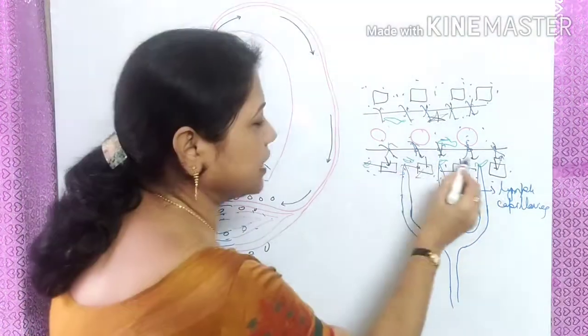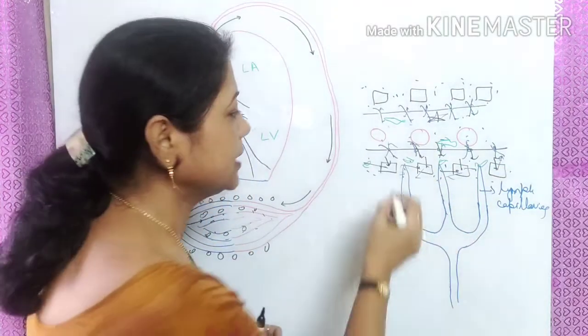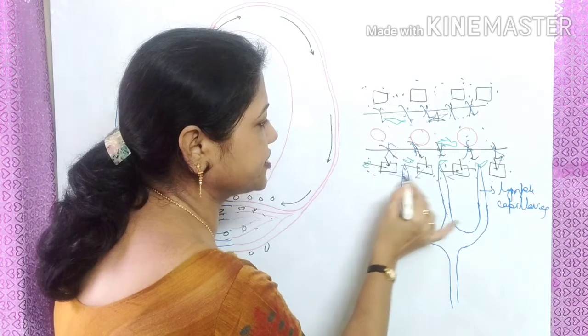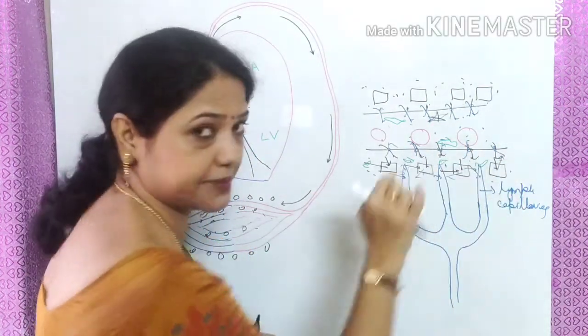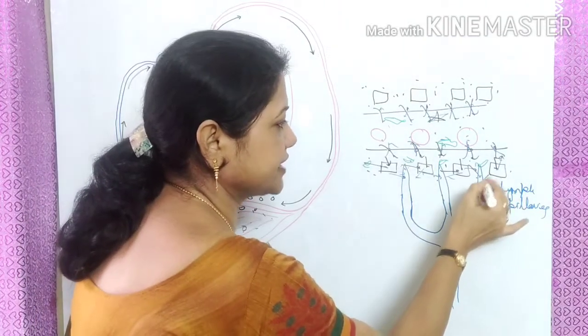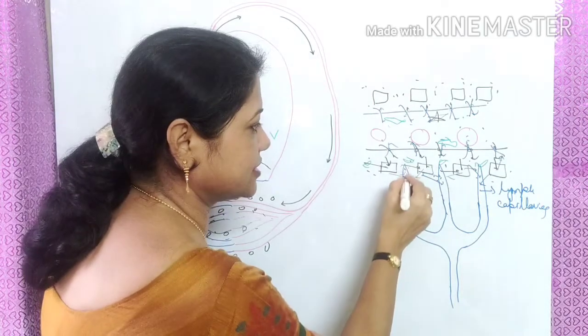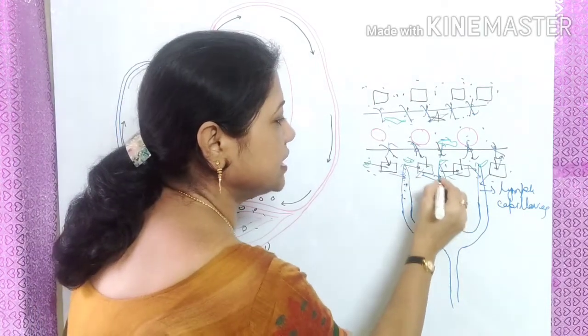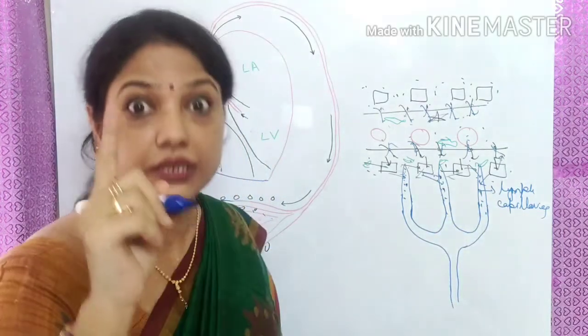The liquid part which is present in between the tissues, that is the tissue fluid. The extra tissue fluid which is present in between the tissues starts entering into these channels. Now, when the liquid enters into these lymph capillaries, then the liquid is called lymph.